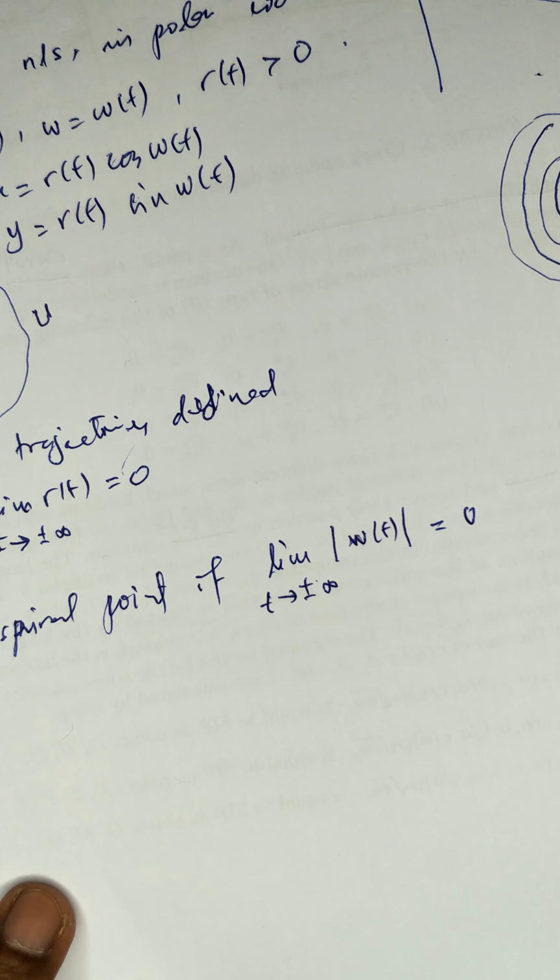It's a spiral point, but unstable. So for spirals, it is either stable, unstable, or asymptotically stable, depending on the direction of the trajectories. All those I have discussed in the previous videos.